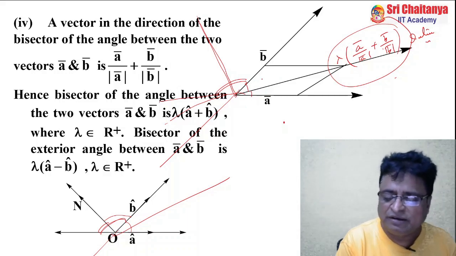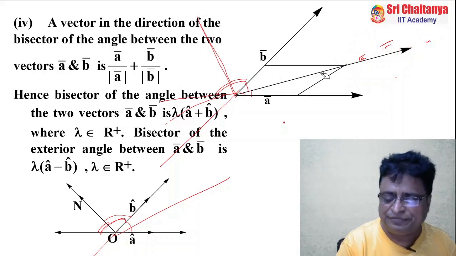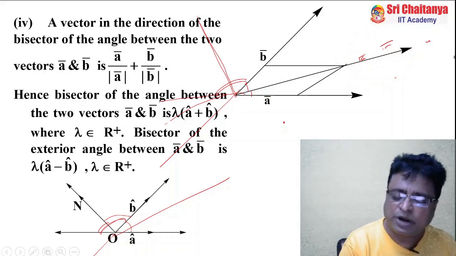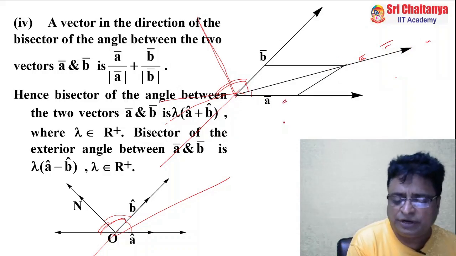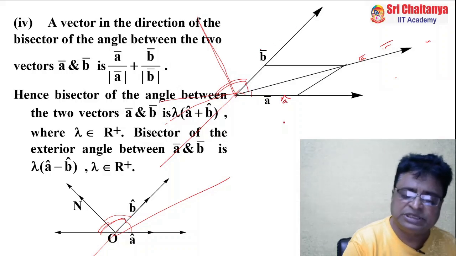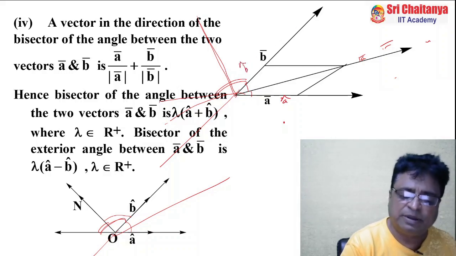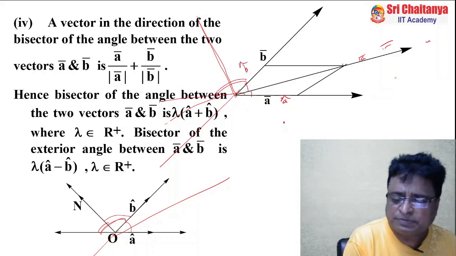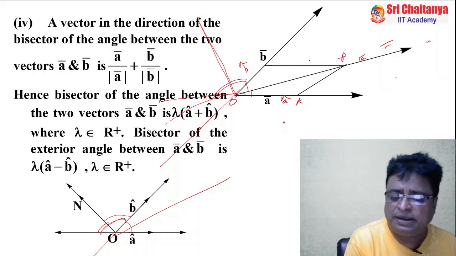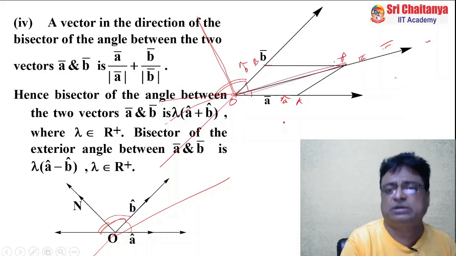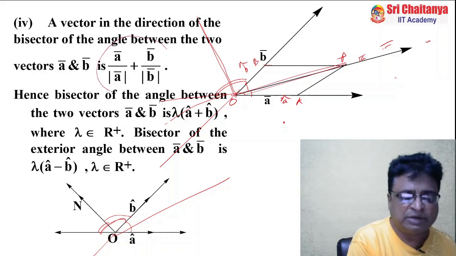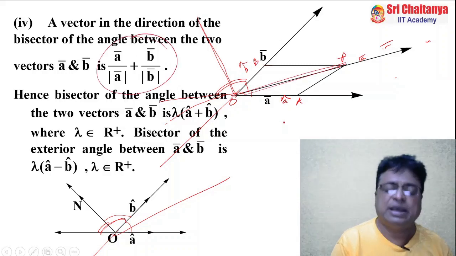Actually, from this diagram it is very clear. Suppose this is vector a bar, and the unit vector along a bar is a cap. This is vector b bar, and the unit vector along b bar is b cap. Suppose P is a point on the angular bisector such that OAPB is a parallelogram. Then the diagonal OP is the resultant of a cap and b cap, that is a cap plus b cap.